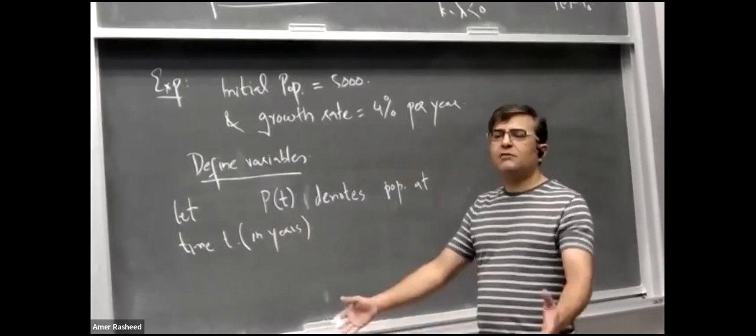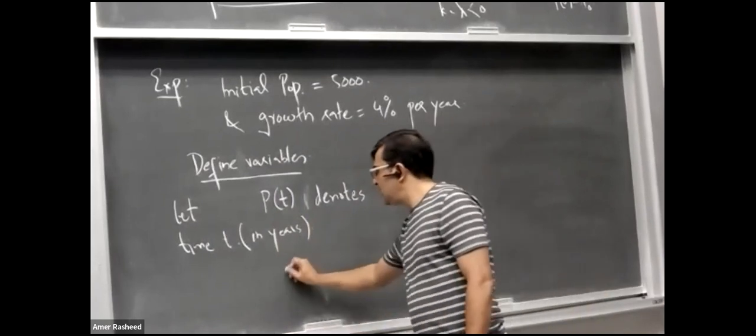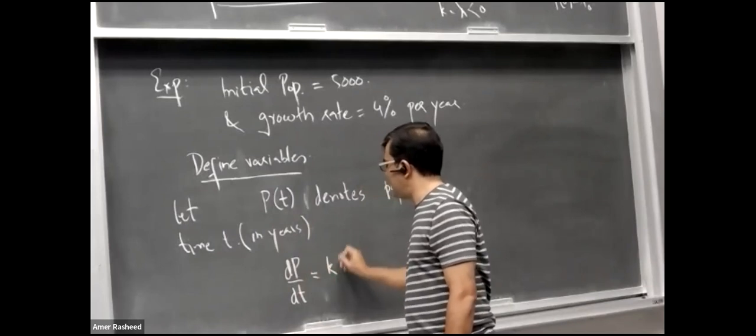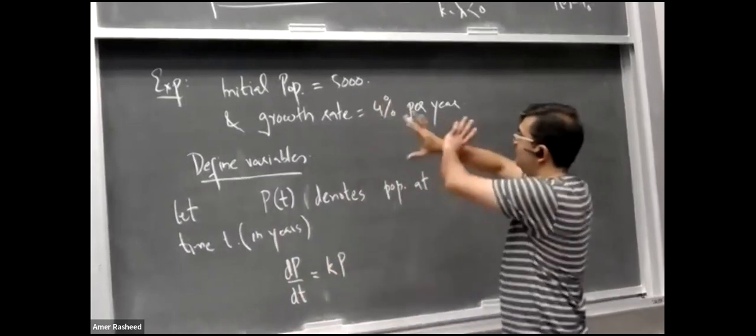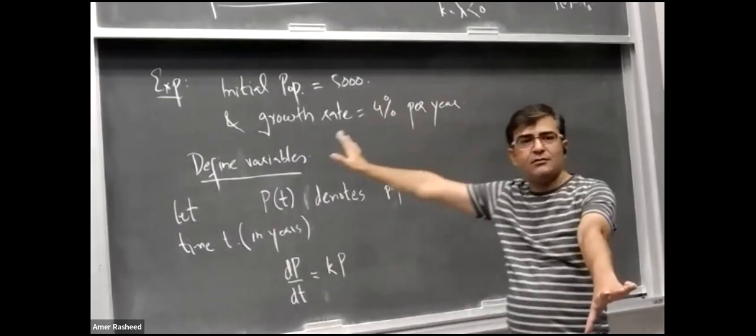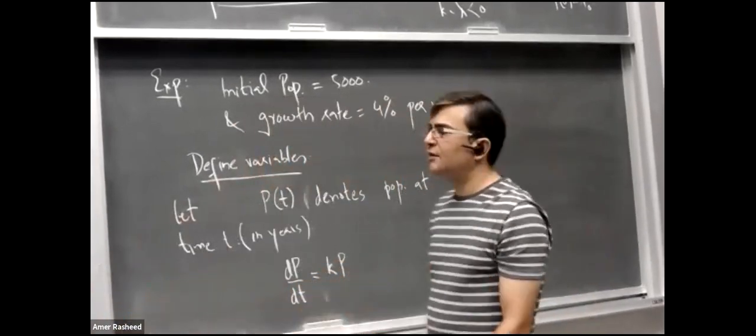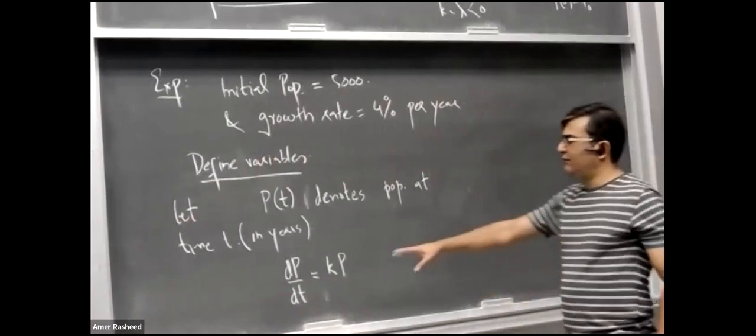Okay. Then the rate of change of population is what? dP by dt is equal to K times P, because there is no death rate. People are not dying, only the people are growing. Okay. There's no death process. So this model will be sufficient.